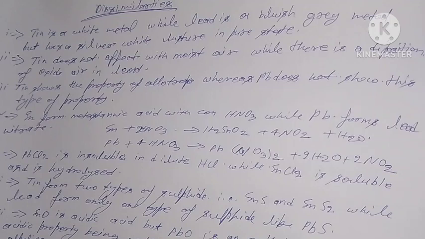And lead chloride is insoluble in dilute hydrochloric acid, while stannous chloride is soluble and is hydrolyzed. Tin forms two types of sulfide, stannous sulfide and stannic disulfide, while lead forms only one type of sulfide, lead sulfide (PbS). SnO is acidic, but lead oxide is an amphoteric oxide. The acidic property being rather feeble, hence lead oxide dissolves in alkalis.